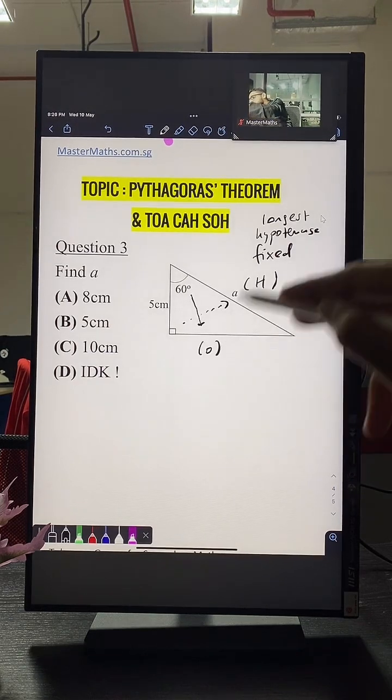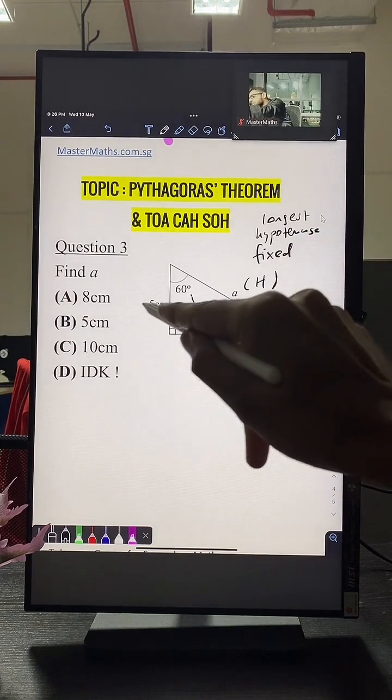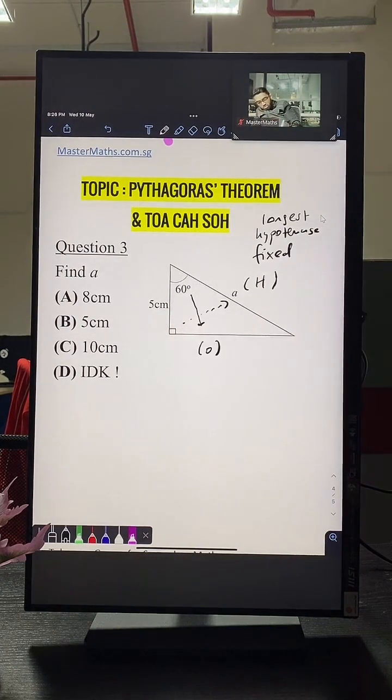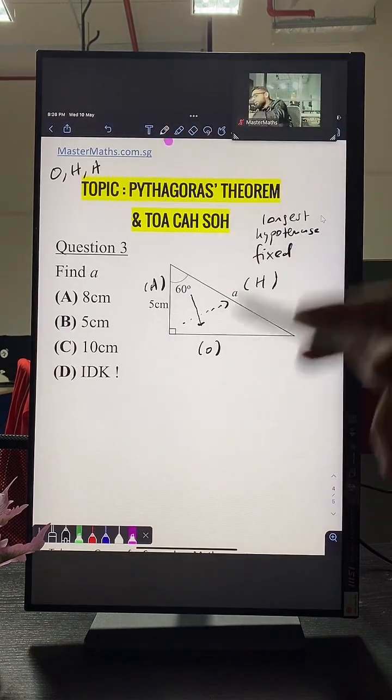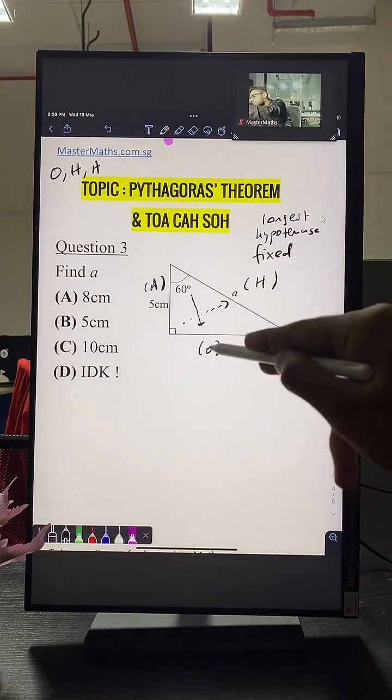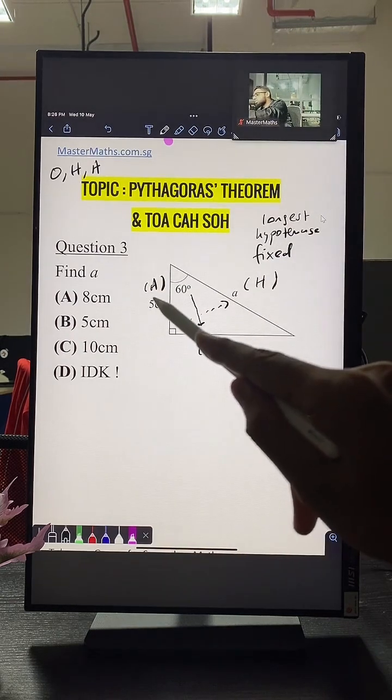And since this is hypotenuse, this is opposite, the other length is confirmed to be adjacent. So it is always either opposite, hypotenuse or adjacent in a right angle triangle. Once you identify the hypotenuse, you know the opposite. The other one is confirmed your adjacent one.